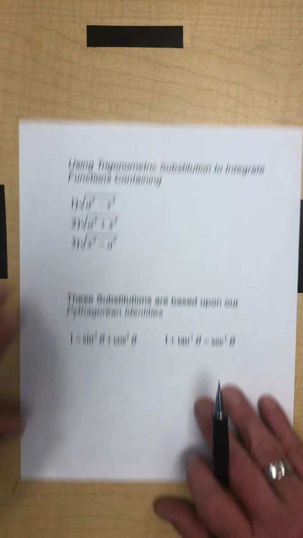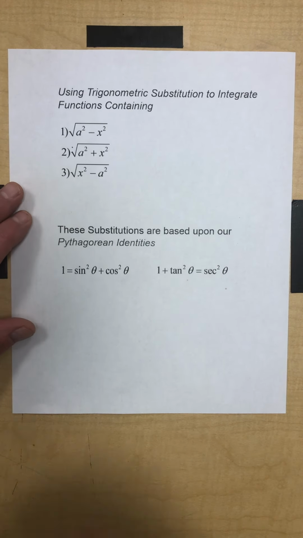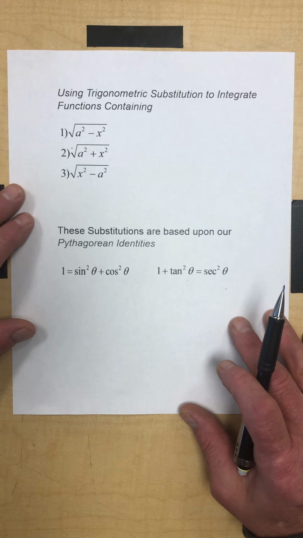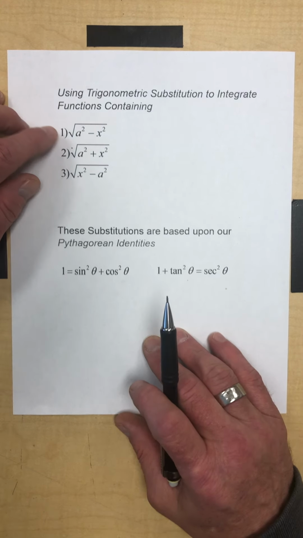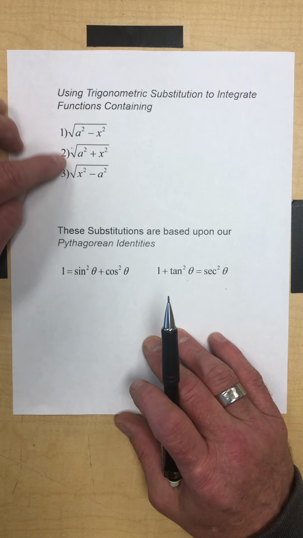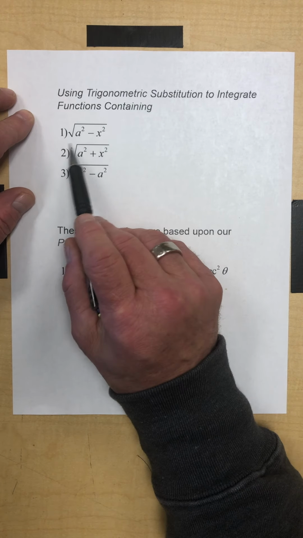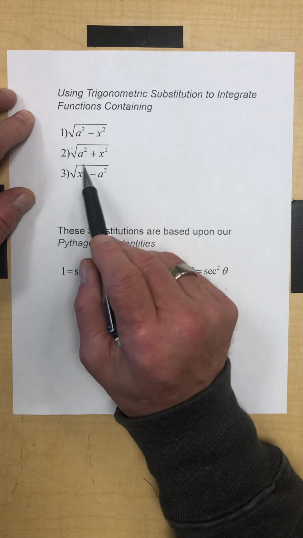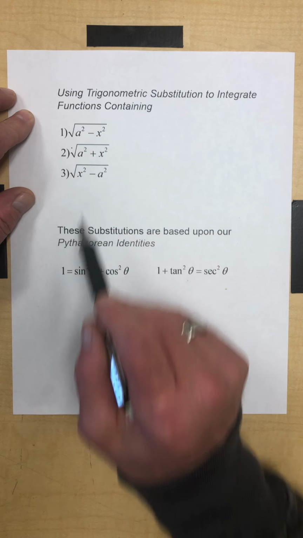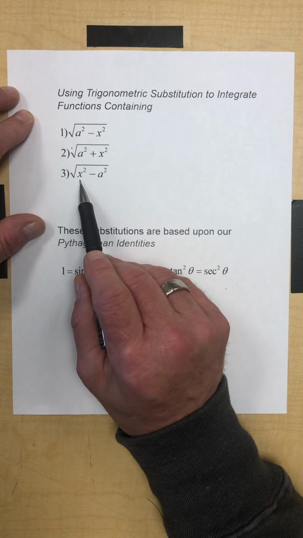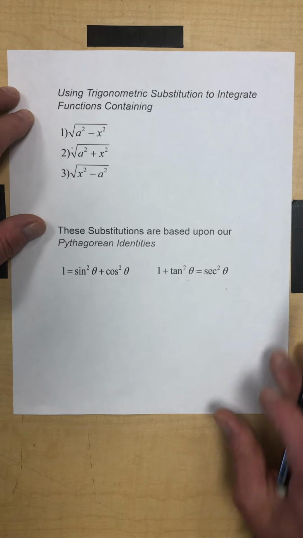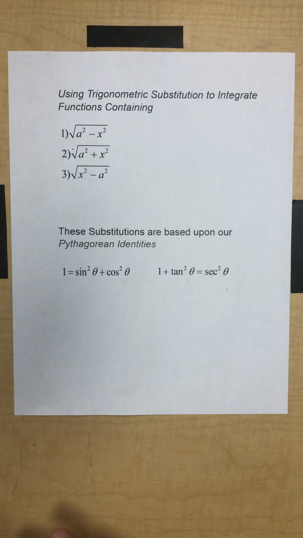I also have this in your notes for this week. If we're integrating functions that are in one of these three forms, where you have the square root of a constant minus x squared, the square root of a constant plus x squared, or the square root of x squared minus a constant, many times we can do this using trigonometric substitution.